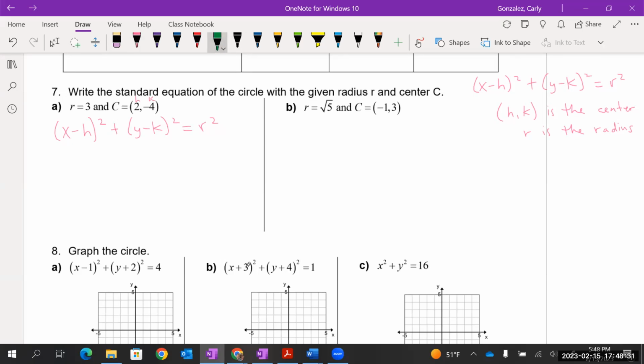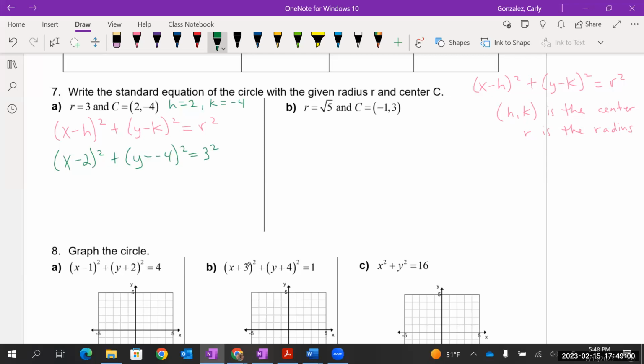So we are told that h equals 2 and k equals negative 4 because the h, k is the center. So now let's plug it in. We get x minus 2 squared plus y minus negative 4 squared equals 3 squared.